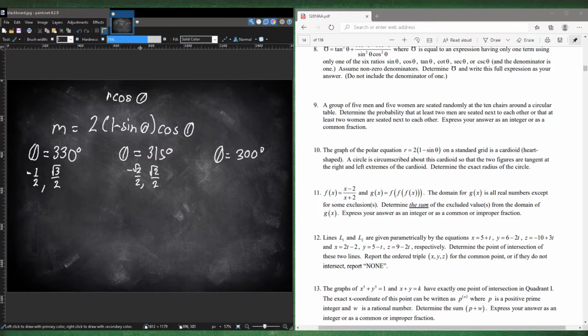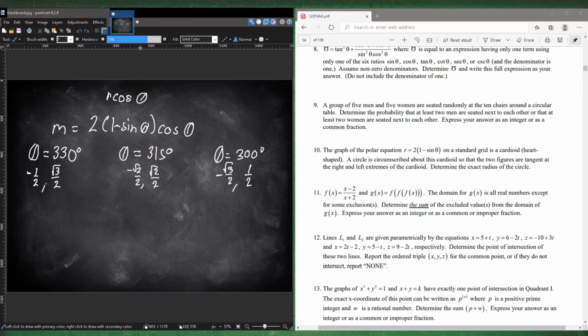The sine of 60 degrees is negative square root 3 over 2, at 300 degrees, and the cosine of that 300 degrees is going to be 1/2. So just plug in theta to each of them to get all your sines and cosines, and that'll test which one's the biggest.